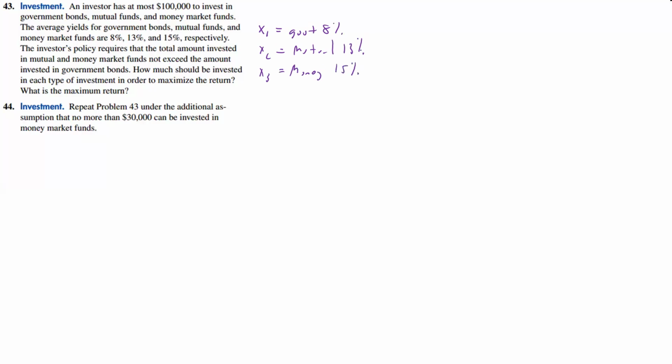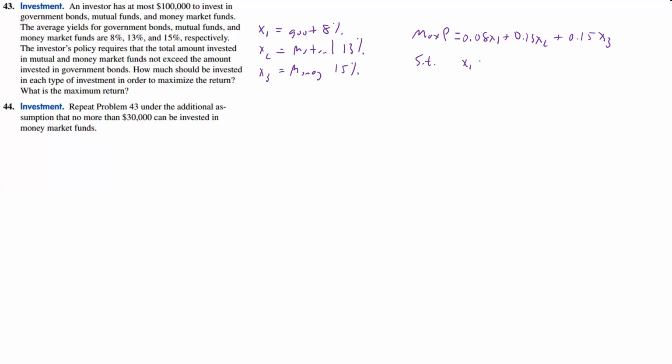Now, if we want to write out our linear programming problem, let's maximize P equal to 0.08x1 plus 0.13x2 plus 0.15x3, and that's going to be subject to, and now we have a couple things.